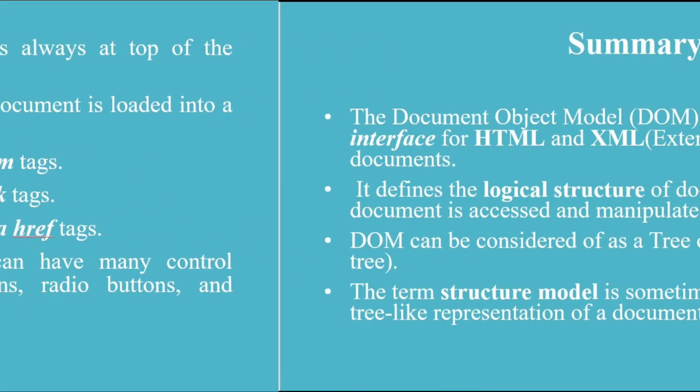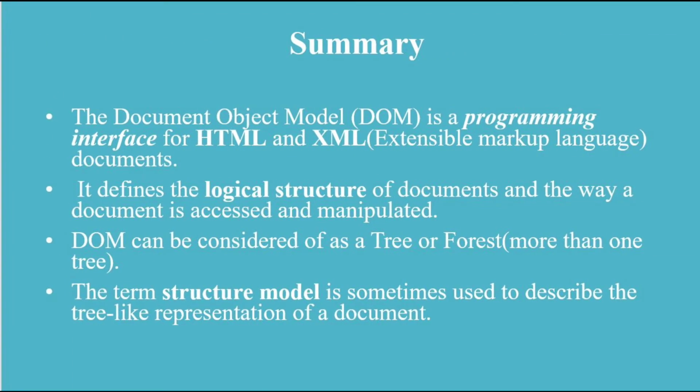And in summary, you can say the Document Object Model is a programming interface which helps us to interact with the elements of an HTML or XML page. So suppose you have a text label in your form or web page, and you want to change it based on a button click.